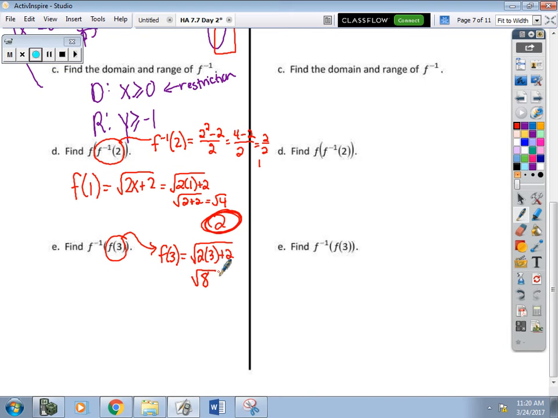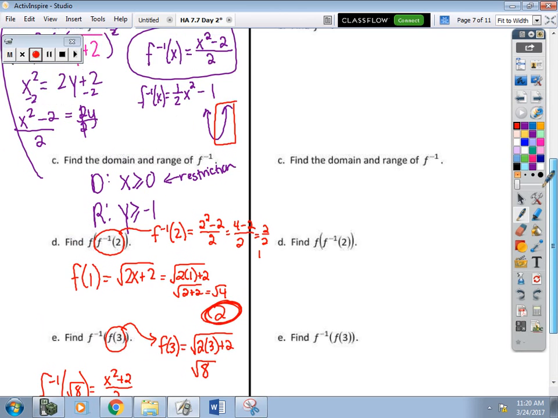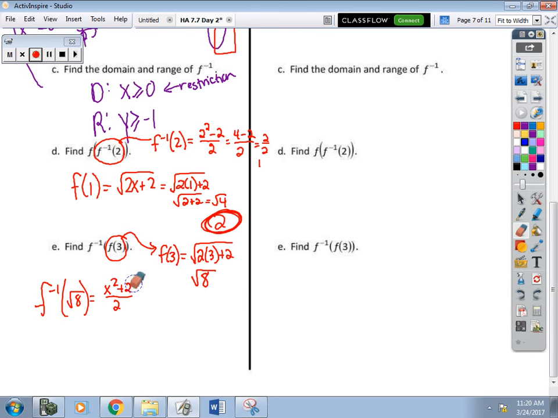Now we'll plug that in for our inverse, which that function was x squared, oops, it's minus 2. x squared minus 2 over 2. So we plug in the square root of 8 for x. Well, the square root and the square, again, are inverse operations.